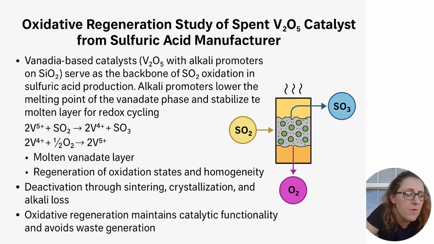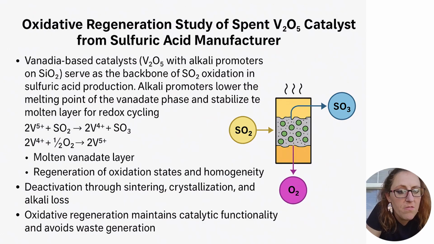These alkali promoters, 15 to 20% potassium, 2 to 5% sodium, and/or 5 to 15% cesium, enhance catalytic activity and thermal stability by lowering the melting point of the vanadate phase and stabilizing the molten layer required for continuous redox cycling.